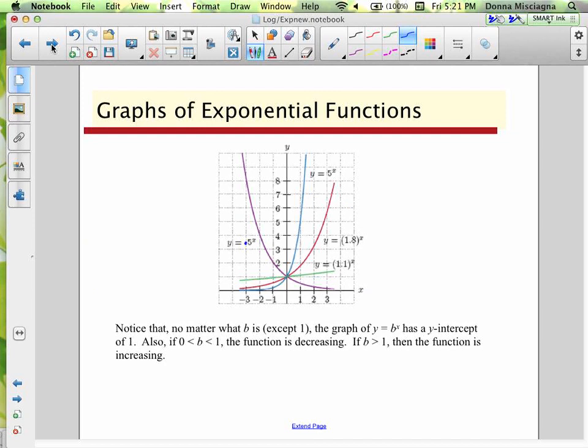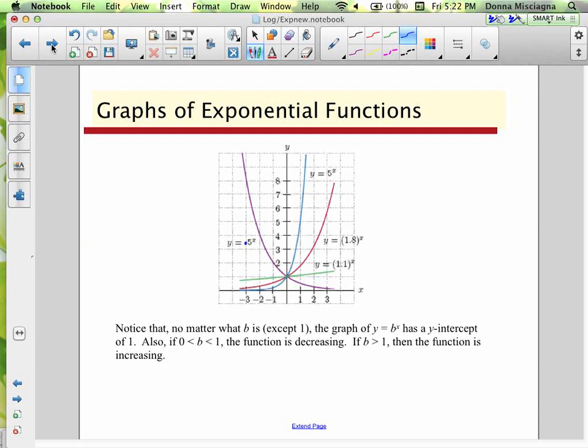Little review of some graphs, just to remind you that as long as the graph hasn't been translated in any way, nothing's been added to the whole function or added to the exponent, no matter what the base is, the graph of an exponential function is going to go through the point (0, 1). Because right? If you've raised anything to the 0 power, you get 1.